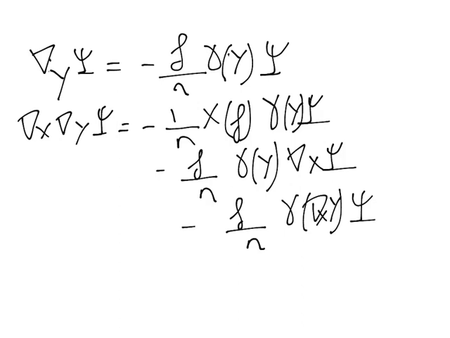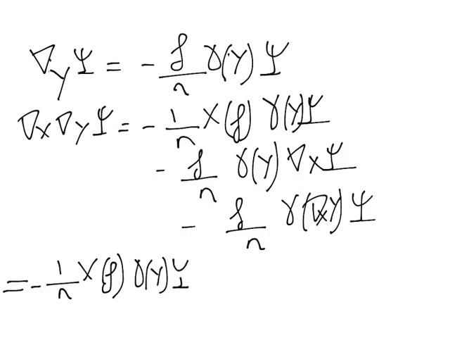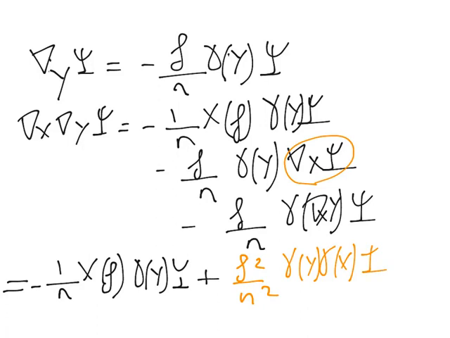You just use the property of the connection and the compatibility equations, which gives minus 1 over n x of f gamma y psi, plus, replacing the quantity by the Killing equation, f squared over n squared gamma y gamma x psi, and of course the last quantity minus f over n gamma nabla xy psi.